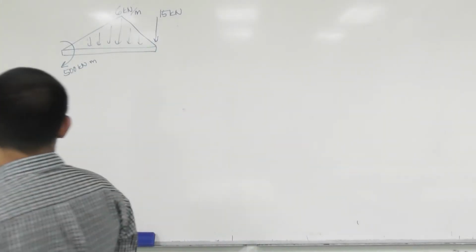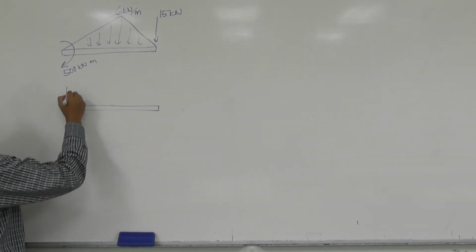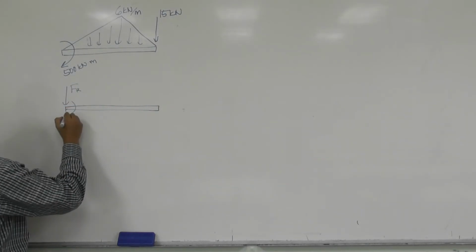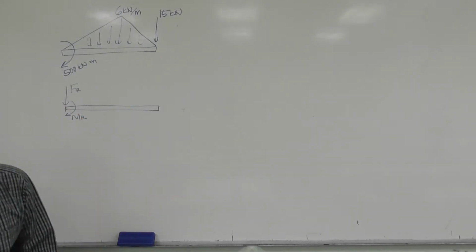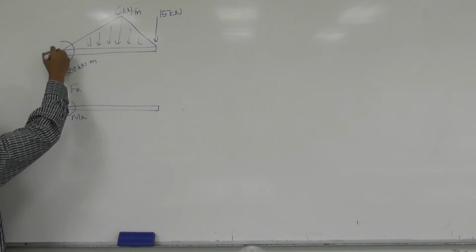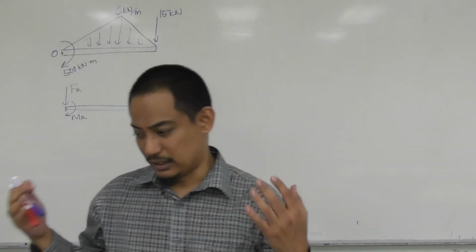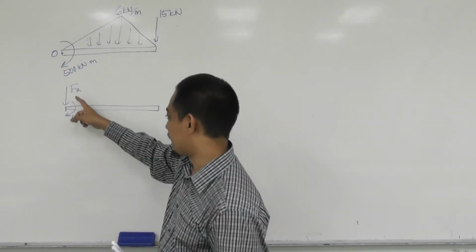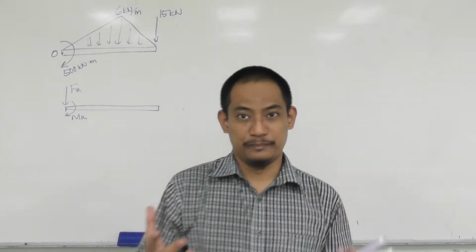Meaning that in the end, I want to know what this FR and this MR at point O are. So this is point O, and the question is exactly that: what is the equivalent force and couple moment at point O? So what to do?